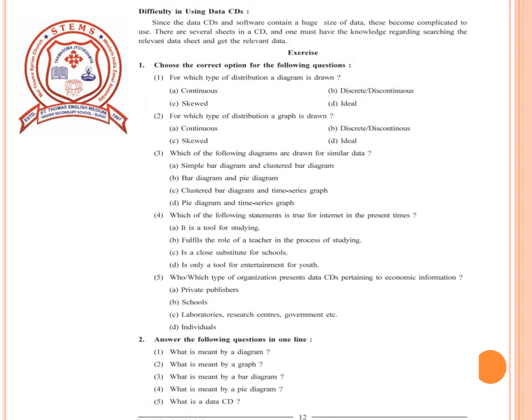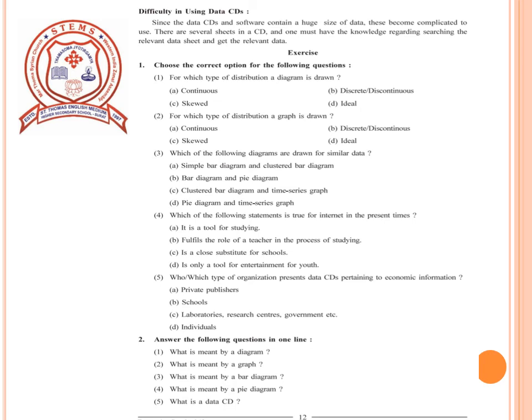Now the difficulty in using this data series. Now what are the difficulties that are faced in using such data series? Since the data series and software contain a huge size of data, these become complicated to use. So having a huge size of data, it sometimes becomes complicated in usage.